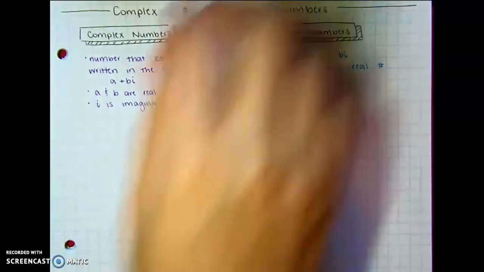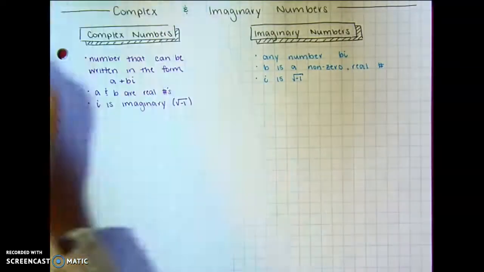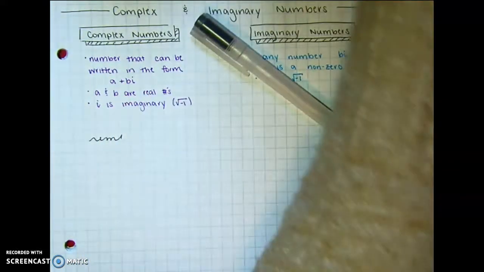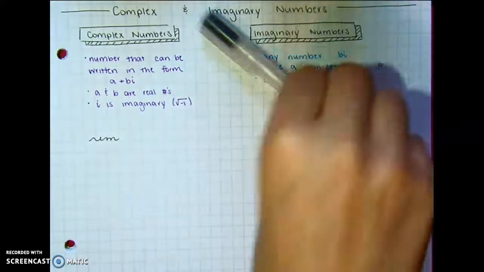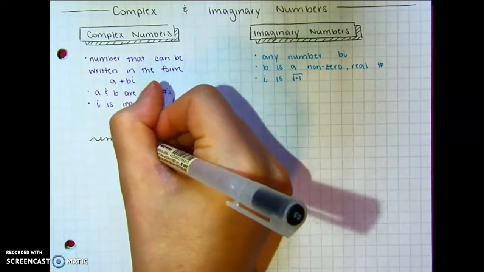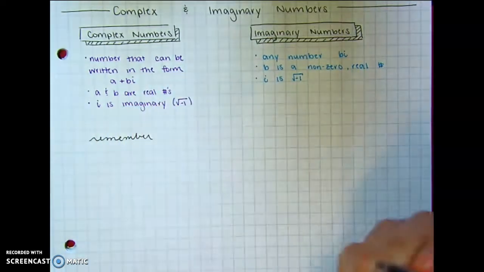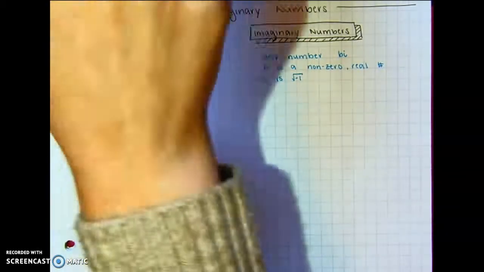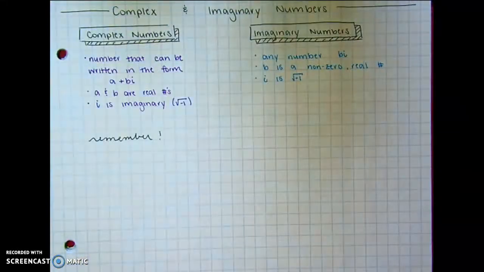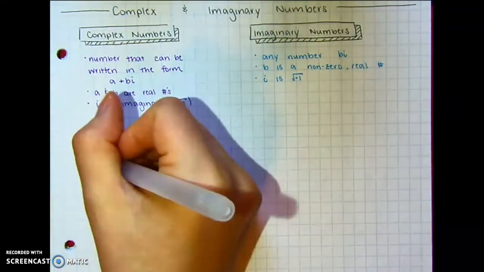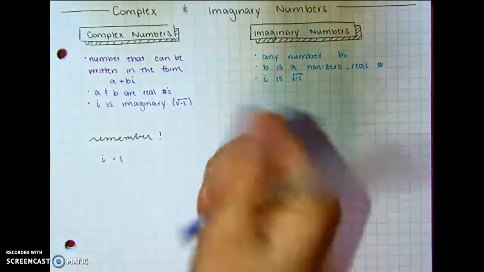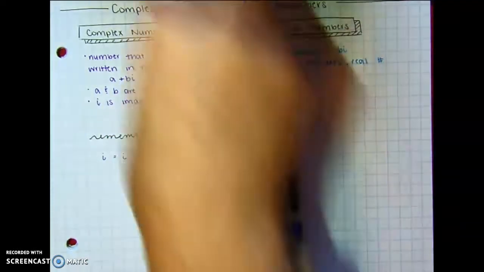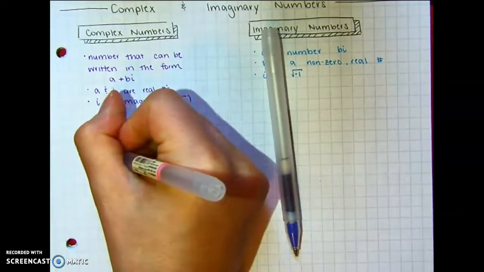You need to be able to simplify, solve. So one thing that you want to make sure you remember, is that the simplest form of I is I, so this is just I to the first power.